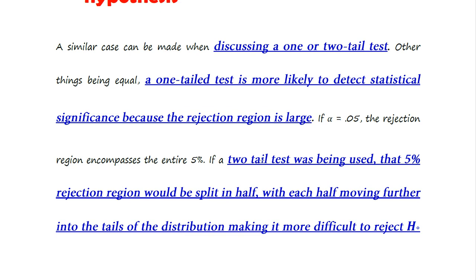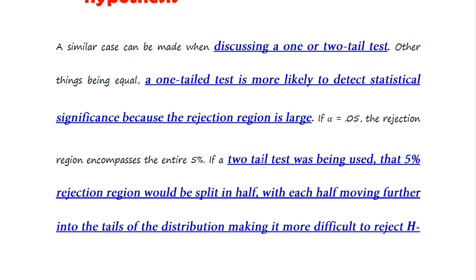In my previous video on one tail and two tail test, I gave a detailed explanation of what one tail and two tail tests are, and here we discuss only their effect.